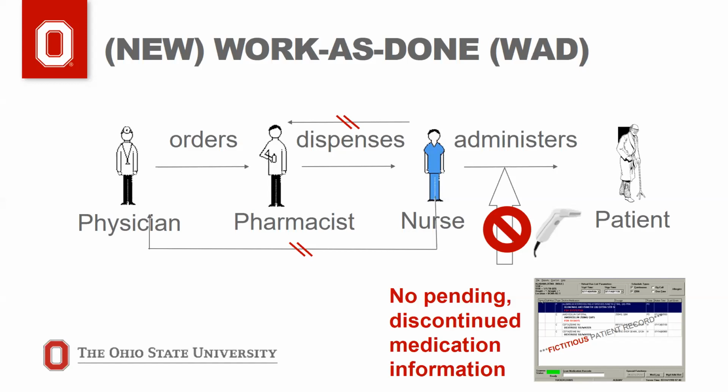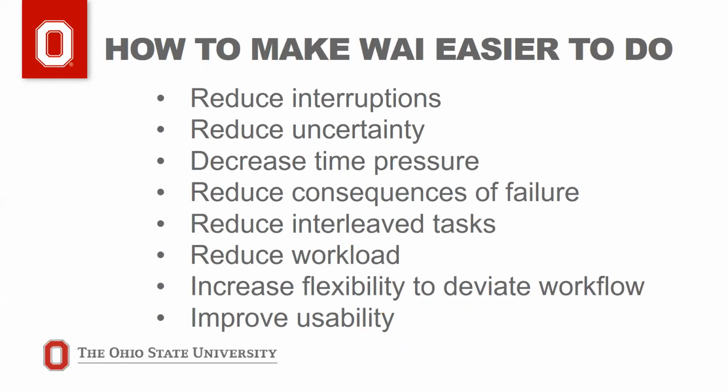So you can actually end up with the new work as done being less safe than the previous when the technology was implemented. And this is a choice. It's absolutely a choice. You can show pending and discontinued medication information, perhaps as an optional view by having the ability to click on it. There's no reason why you cannot show it.